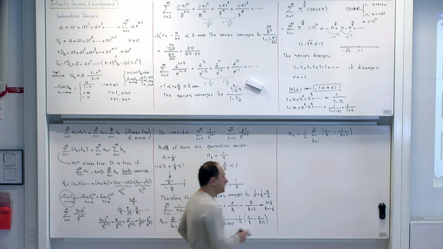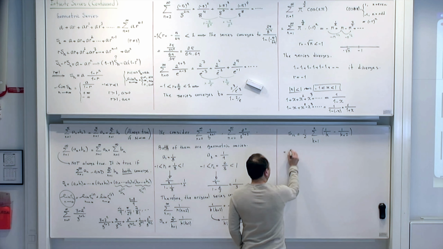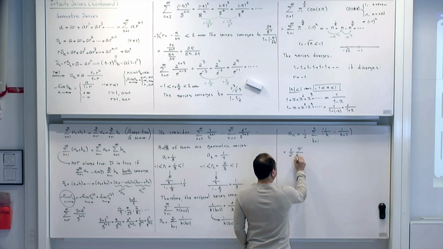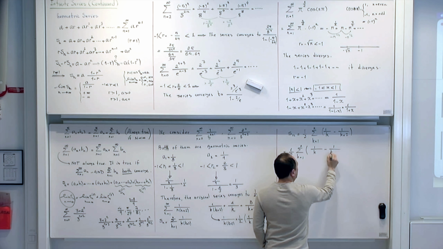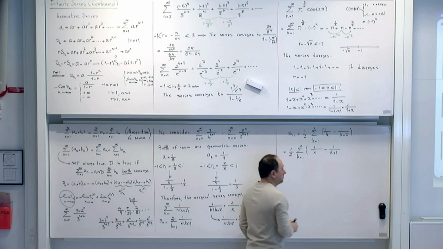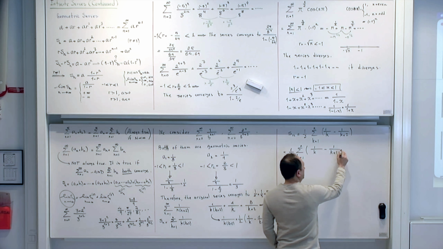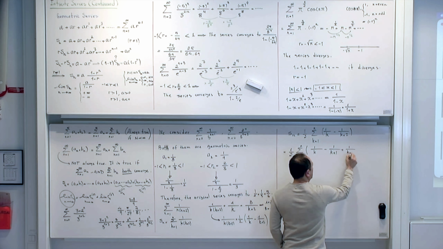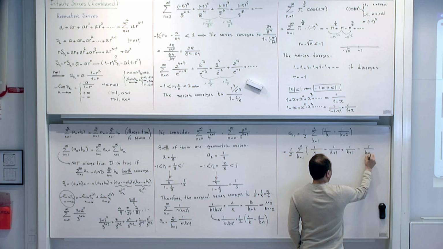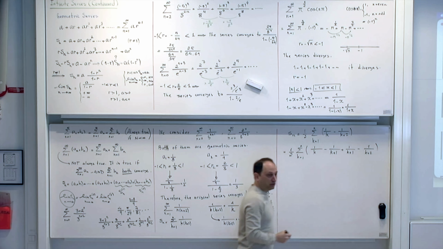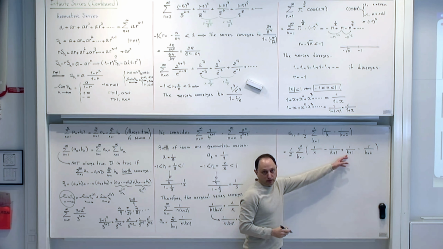So what can I do by this hint? I can write 1 over 2 sigma, k goes from 1 to n, of 1 over k minus 1 over k plus 1, but I cannot just write it there unless I add the same expression. And then I will copy and paste the last term. Do you agree that I haven't done something wrong? I have subtracted and added the same thing, so this is legal.